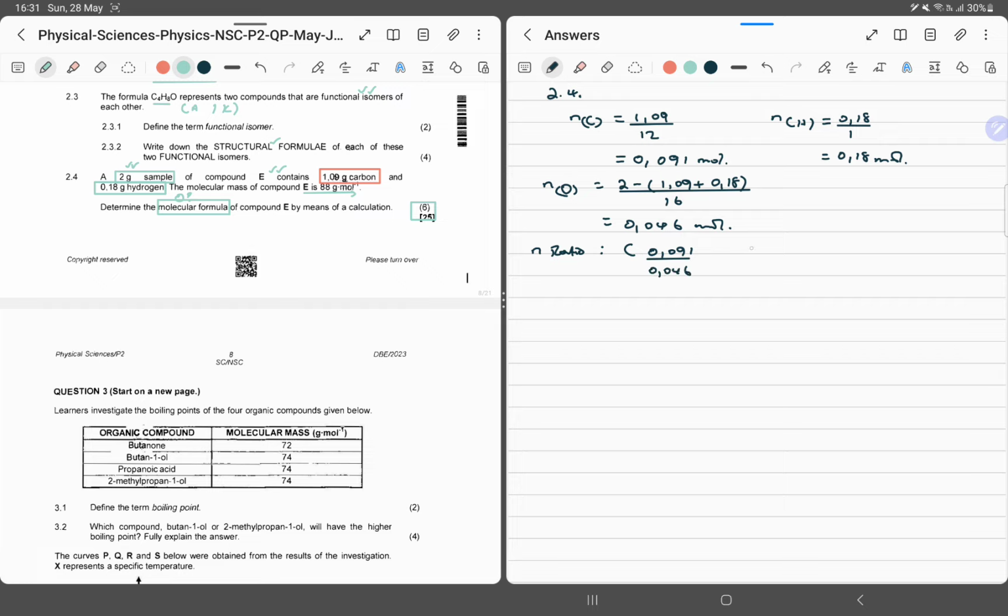And then hydrogen is going to be 0,18 divided by 0,046, and then the oxygen one is going to be 0,046 divided by 0,046. Okay, great. So what is that?